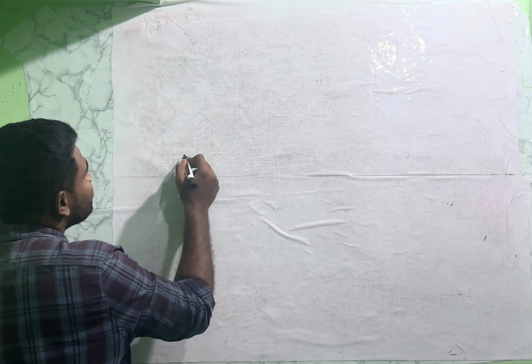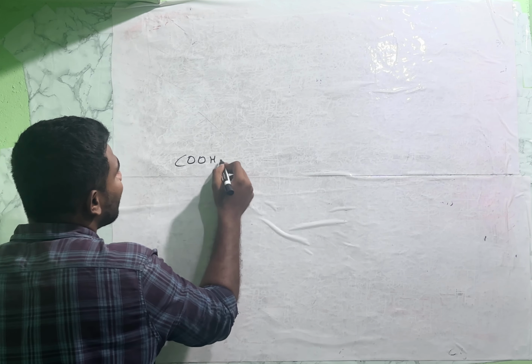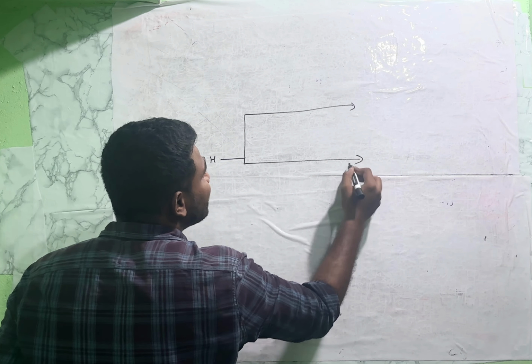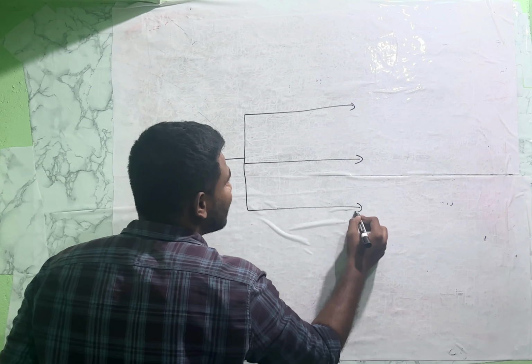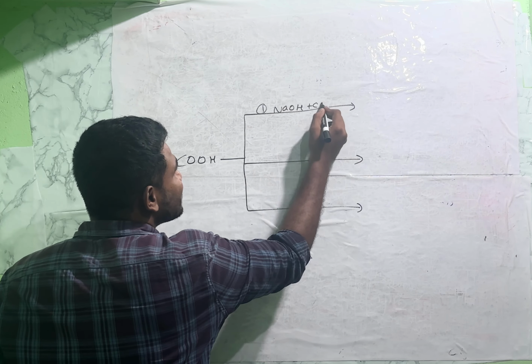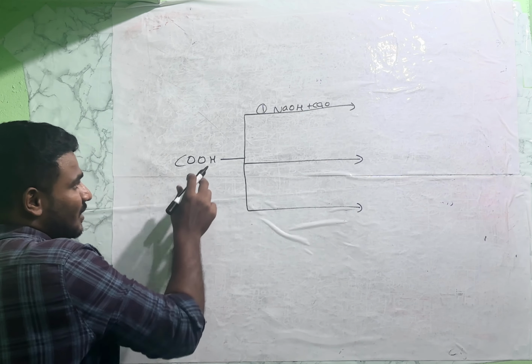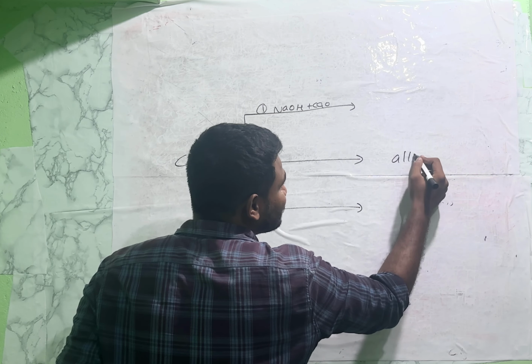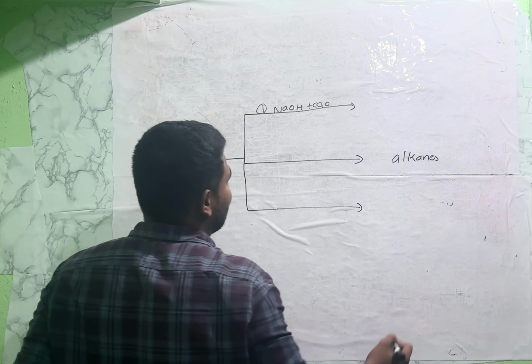In Wilkinson catalyst both alkene and alkyne are converted to alkane, that is alkane conversion is completed. Now we will move to carboxylic acids. Okay, carboxylic acids. In carboxylic acid there are three reactions. The first one is NaOH plus CaO. Okay, COOH, NaOH plus CaO converted to alkane.